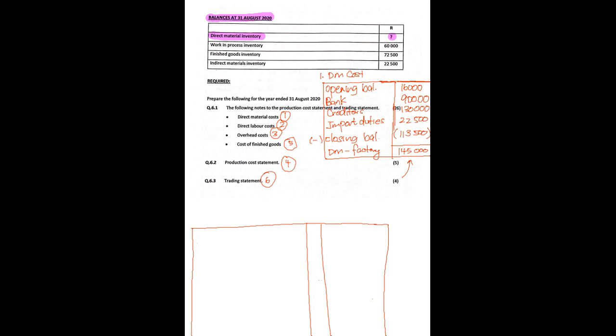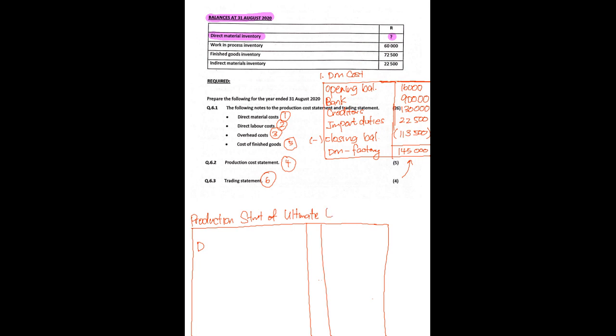So the production cost statement firstly must be labeled respectively. There is a mark allocated to that. So it will say production cost statement of, and this company is called Ultimate Limited. Ultimate Industrial, I think. I think so. So I'm just going to say Ultimate because I won't have enough space.